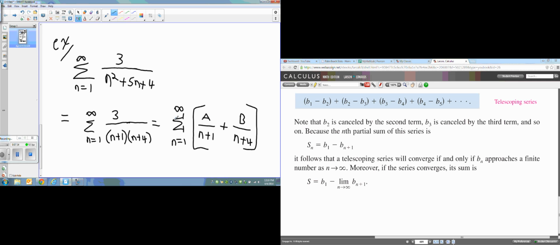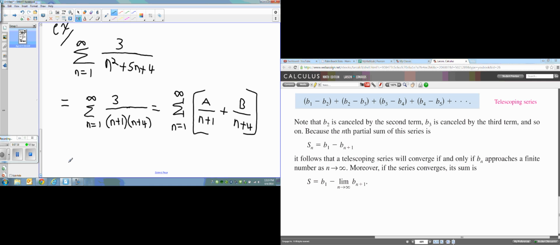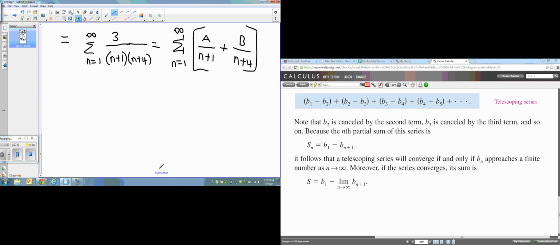Now we need to find those constants A and B. So let's see what we get here. I know that 3 over n plus 1 times n plus 4 should equal A over n plus 1 plus B over n plus 4.